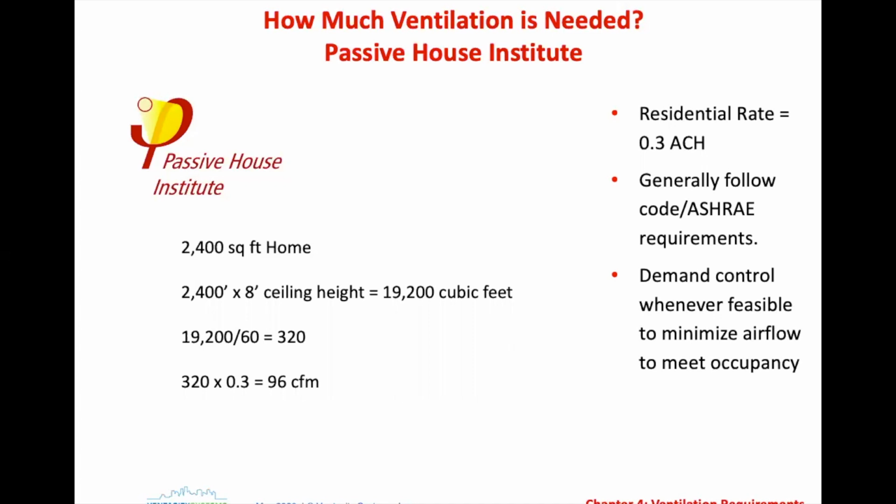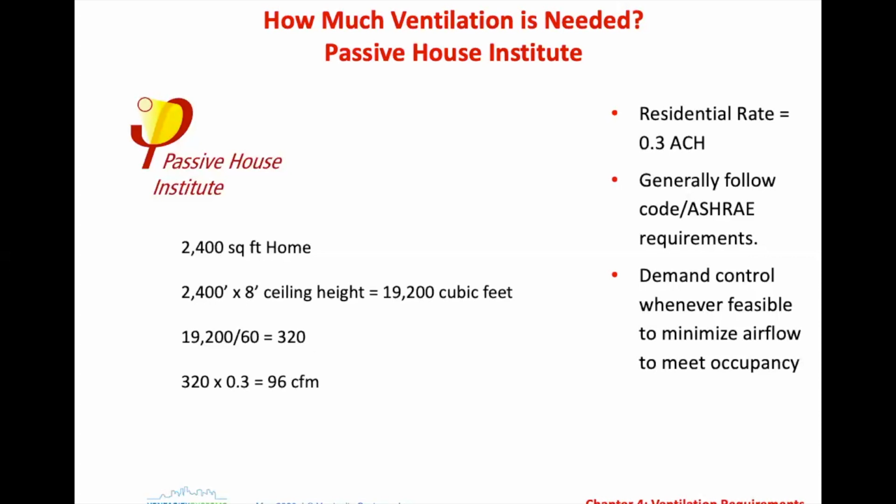So if you had a 2,400 square foot, that's your treated floor space, using 8-foot ceiling was our standard, you've got 19,200 cubic feet. We're looking at CFM, cubic feet per minute, so you divide by 60 to come up with 320 CFM.